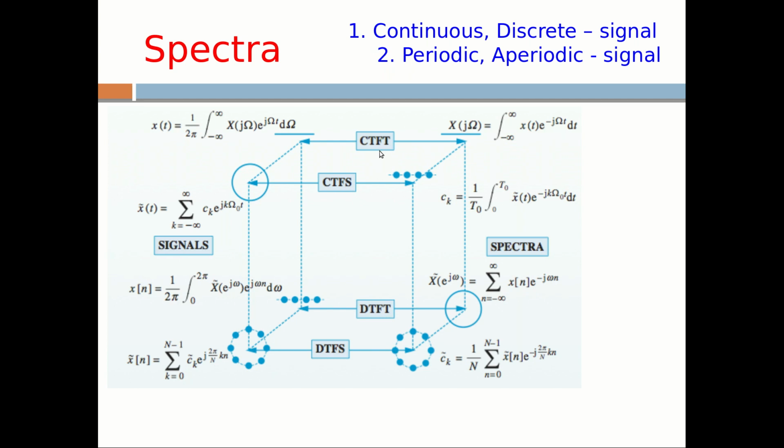The one applied on a continuous aperiodic signal is CTFT. The one applied on a discrete periodic signal is DTFS, while the one applied on a discrete aperiodic signal is DTFT. The equations corresponding to the conversion of signals to the spectrum domain and back to the original domain are represented here.